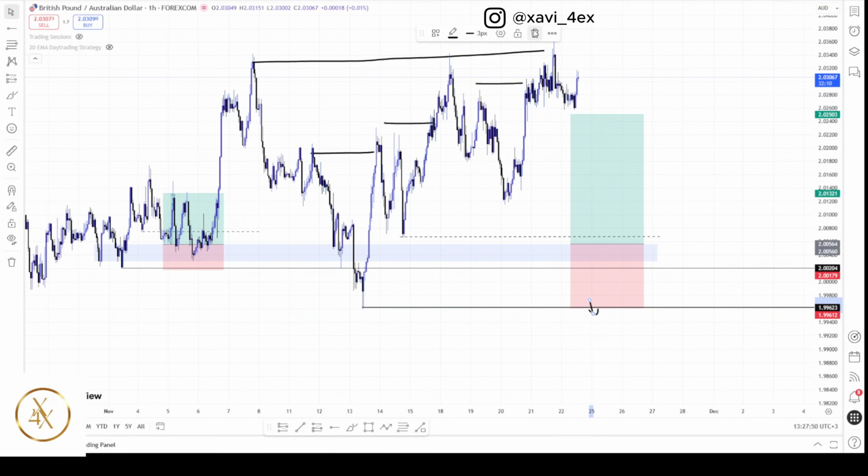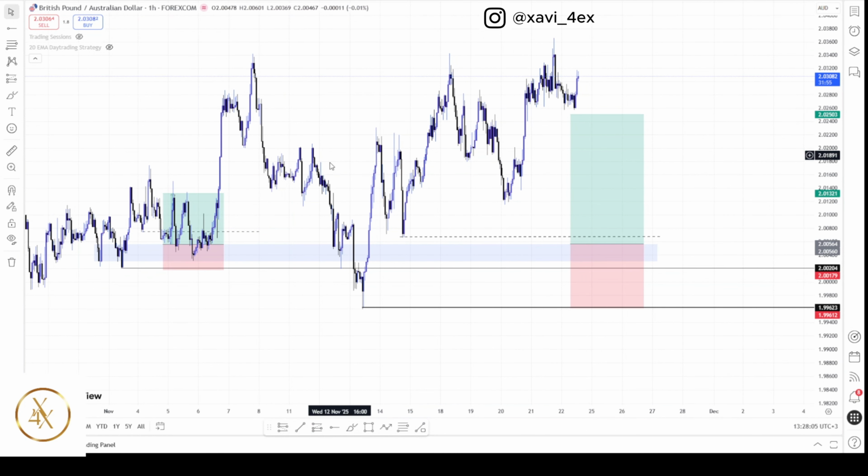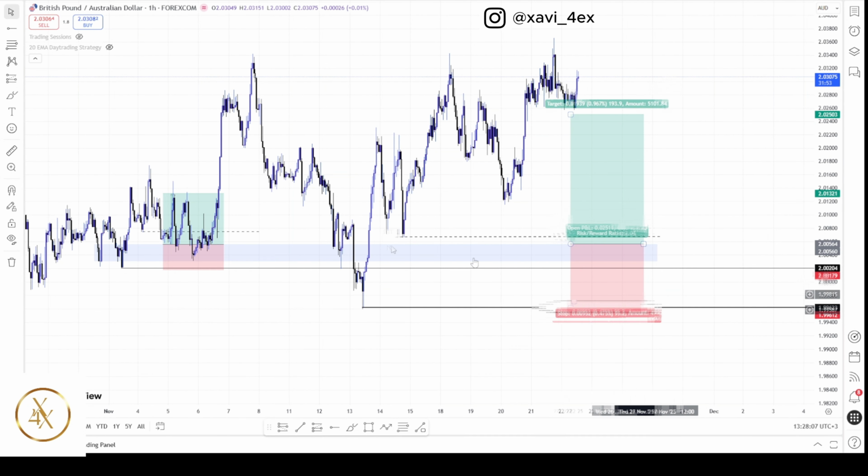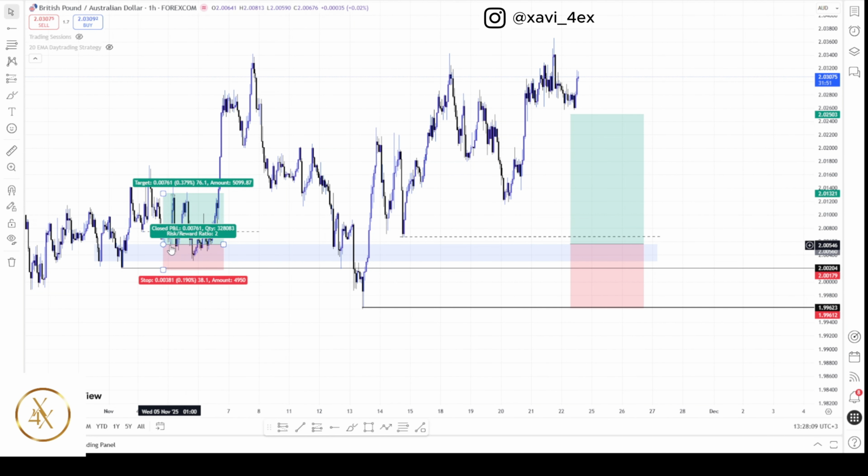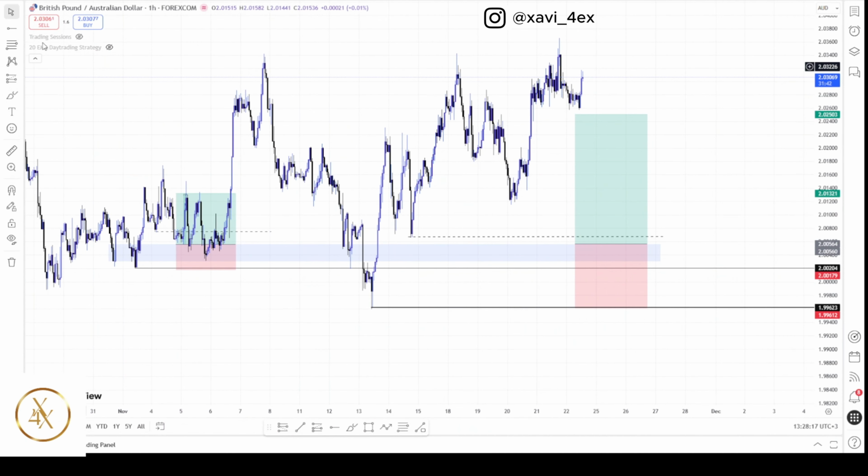So like I said, we have our structure, we have our protected stop, we have our liquidity. Then what else do we have? Our point of entry.